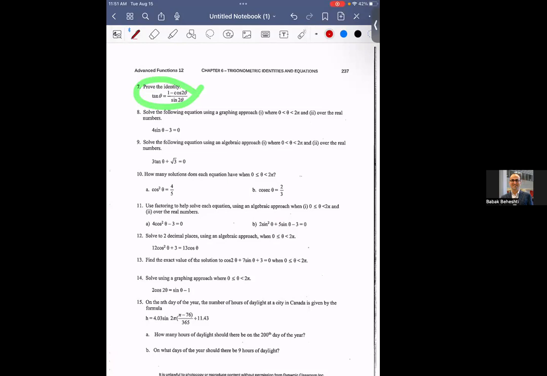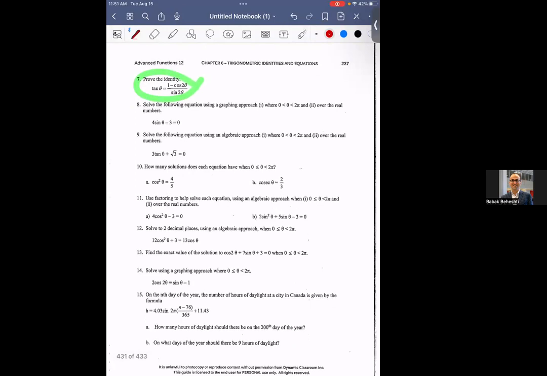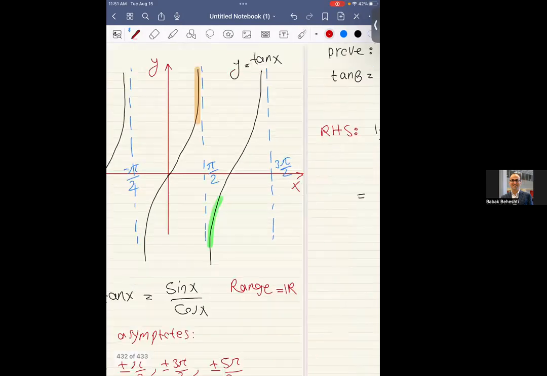Do you know how to do 8, 9, 10, 11, 12? This one?